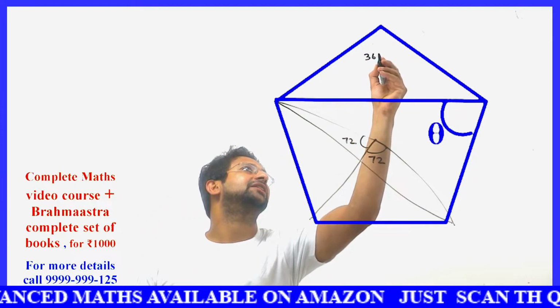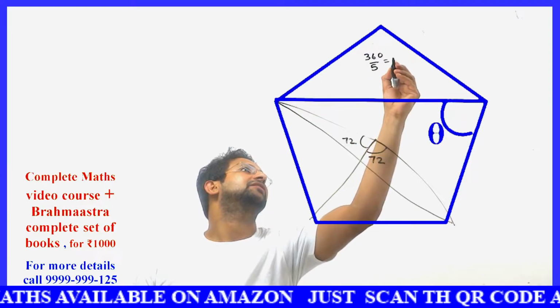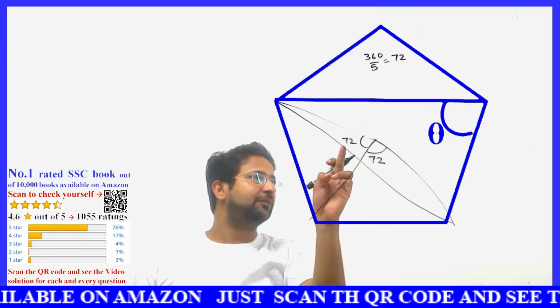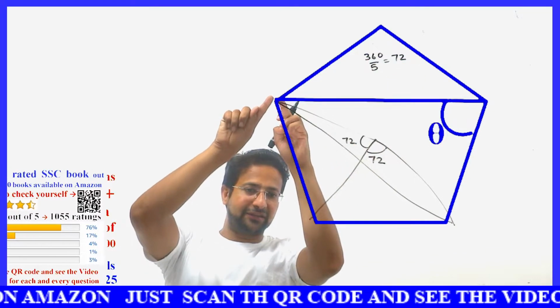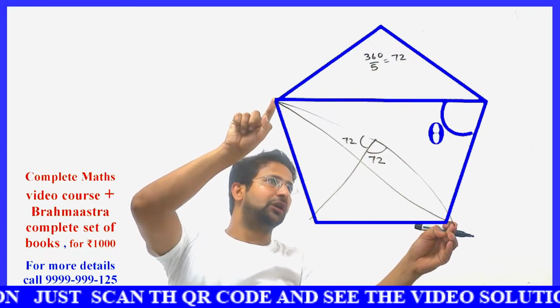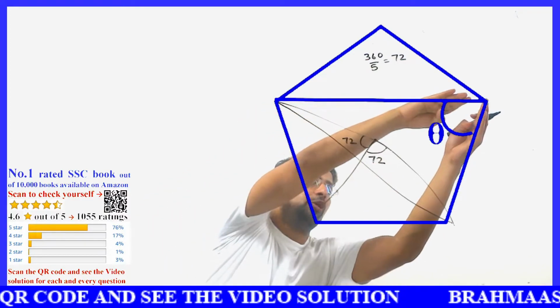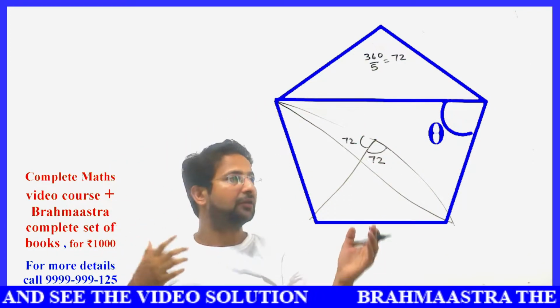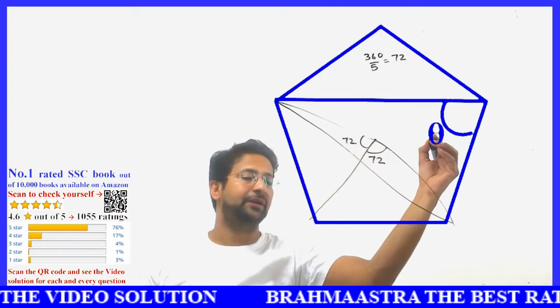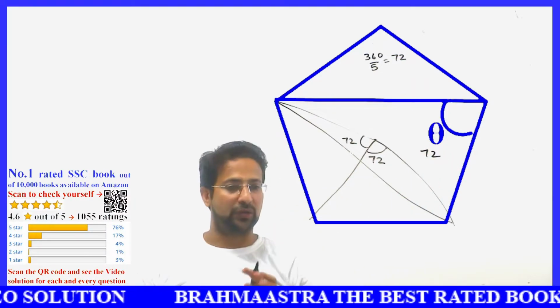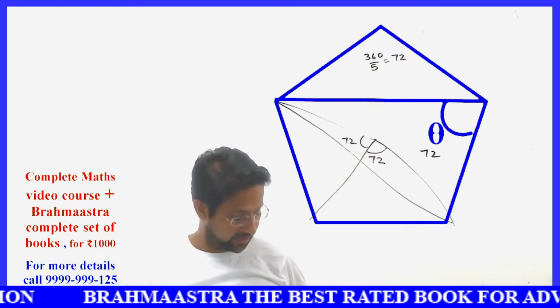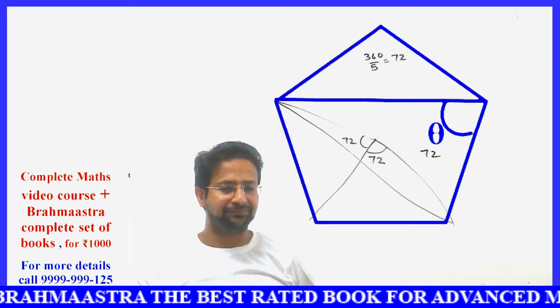That will be 360 by 5, that is 72. So each of the edges will be subtending 72. Now I can say directly this particular chord is subtending 72 plus 72 at the center. So at any other point on the circumference, it will be subtending half the angle. So half of 72 plus 72 will be directly 72. This is one way. This was the second way. Now the other way, dear students.